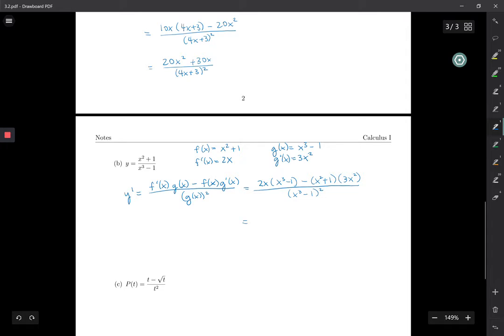Okay. And I think, okay, so we'll just do the simplification. So this will be 2x to the 4th minus 2x, and then if we distribute that 3x squared, we'll get 3x to the 4th plus 3x squared.